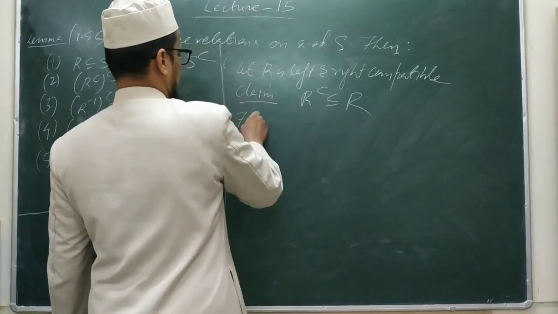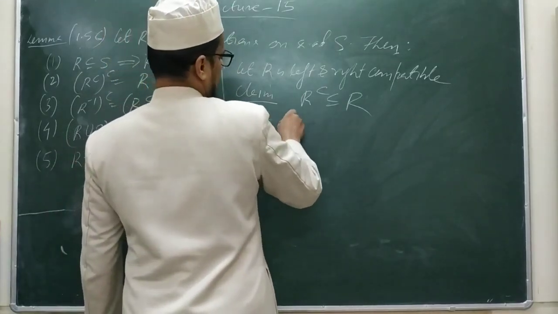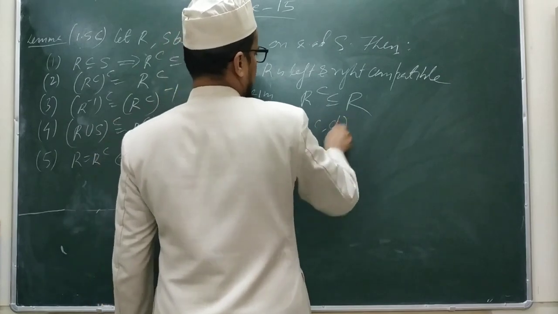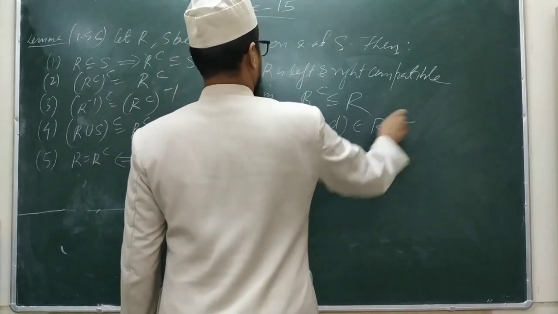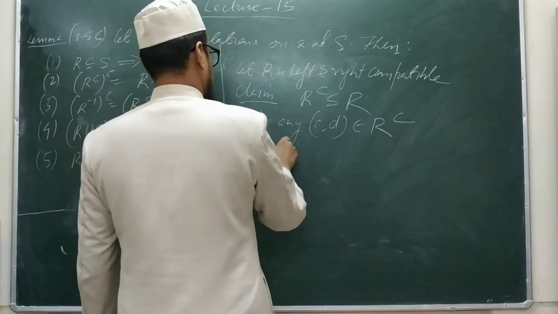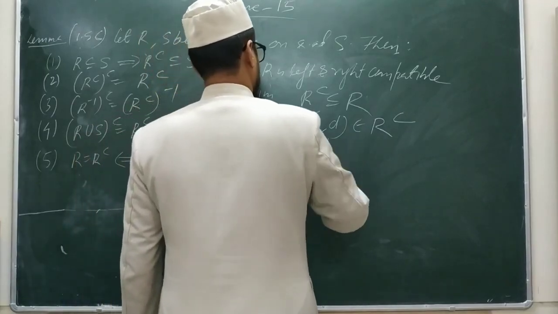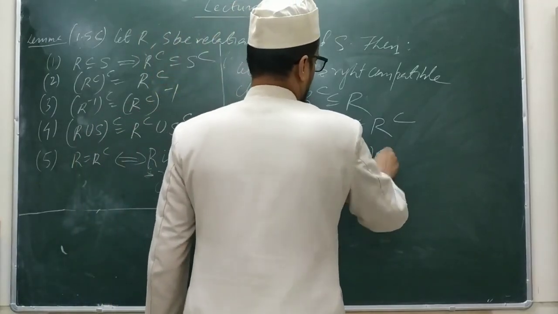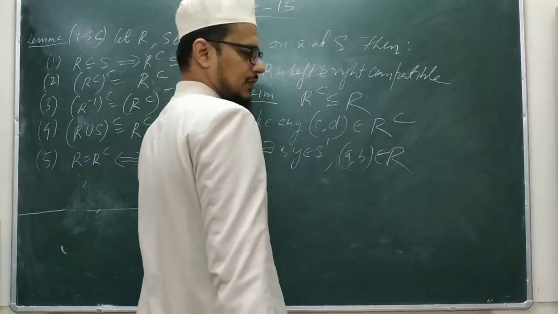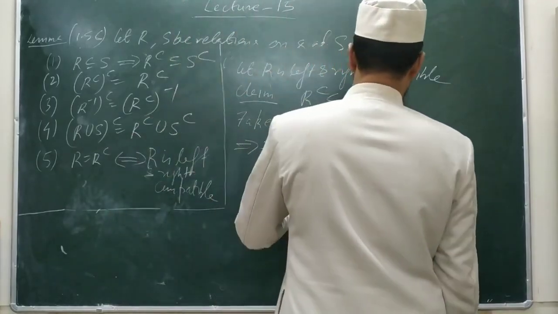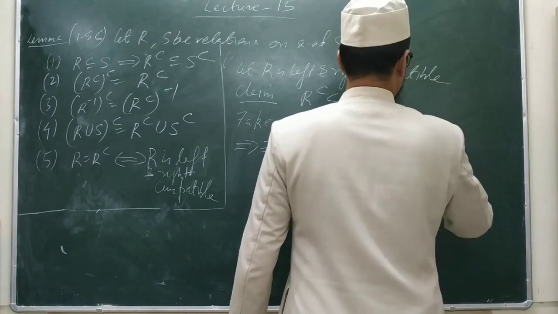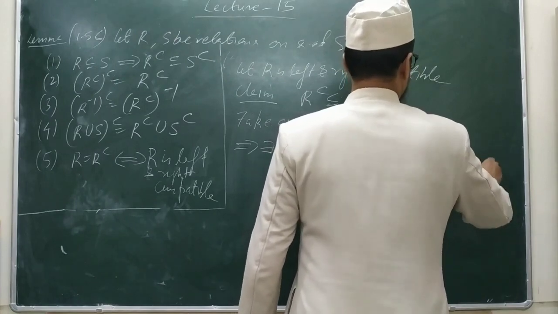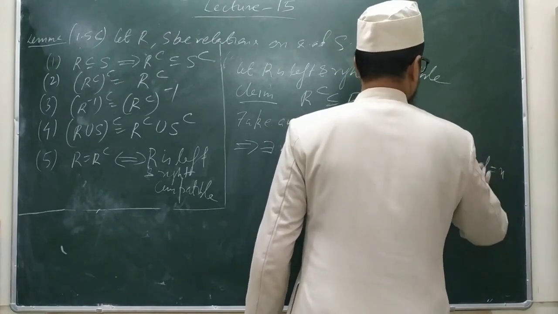So for this, take any (C, D) belonging to RC. It implies that there exist X, Y belonging to S1 and (A, B) belonging to R, such that C is equal to XAY and D is equal to XBY.